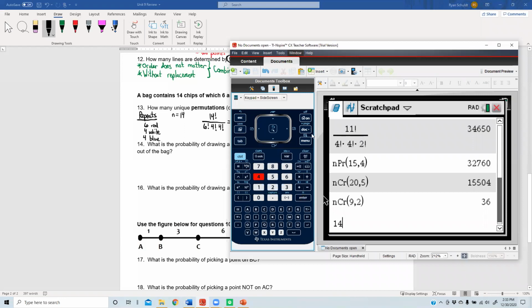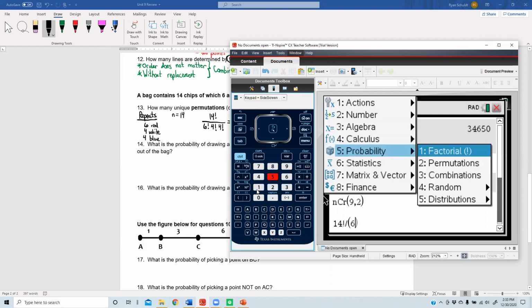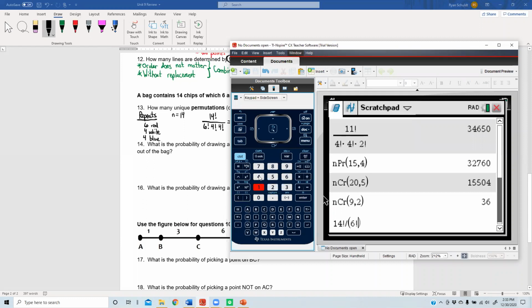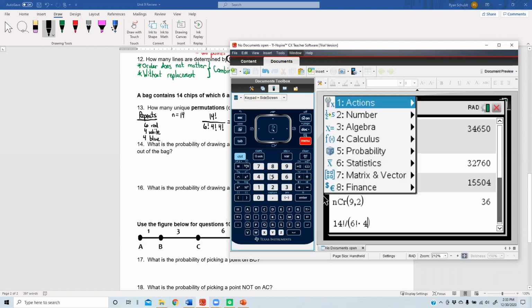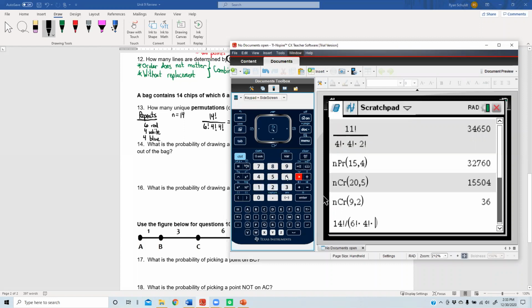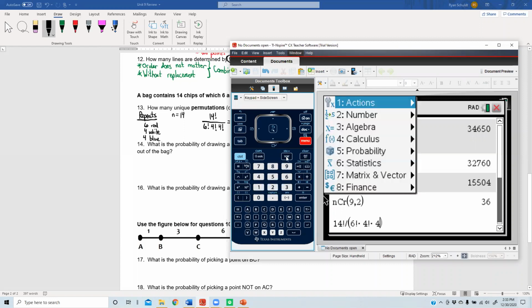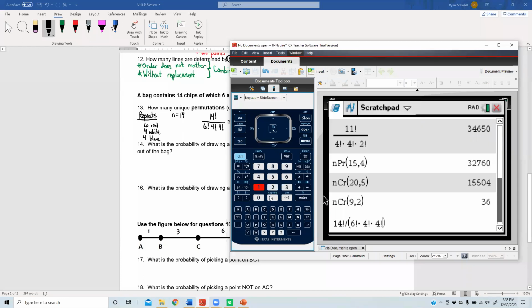So 14 factorial divided by parentheses 6 factorial times 4 factorial times 4 factorial.